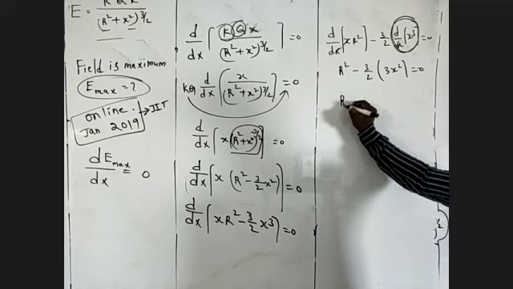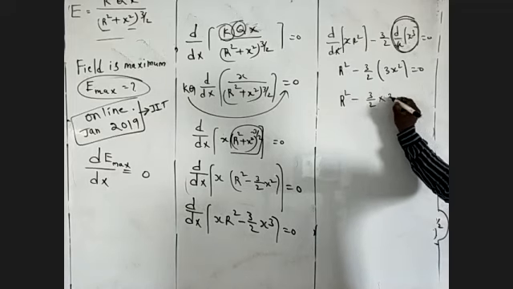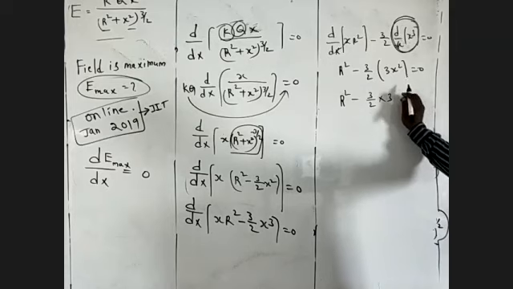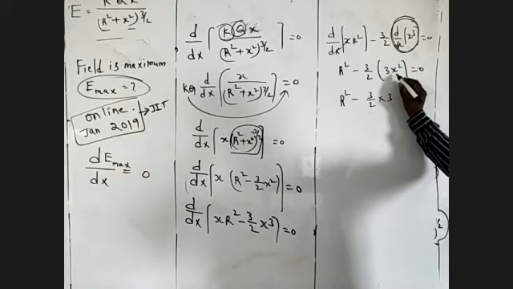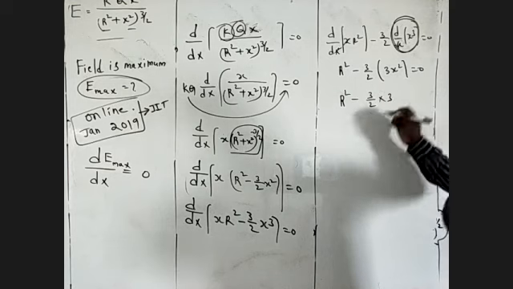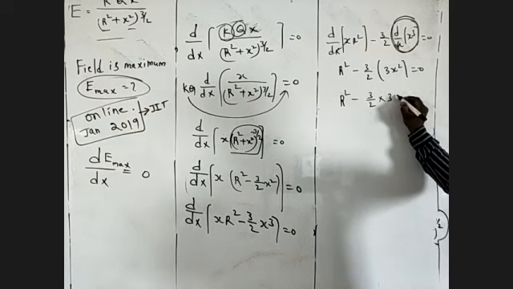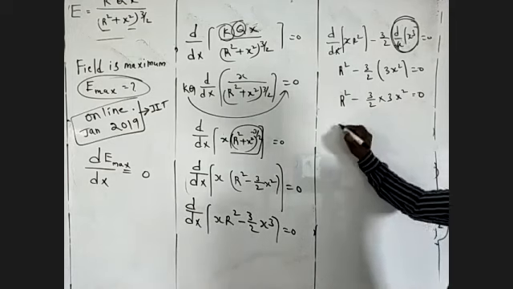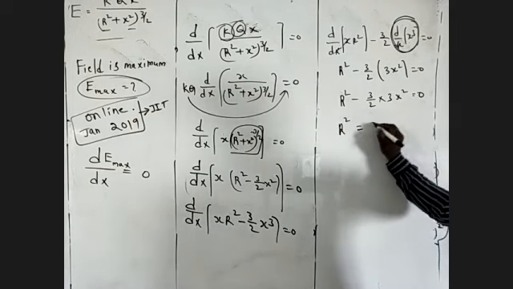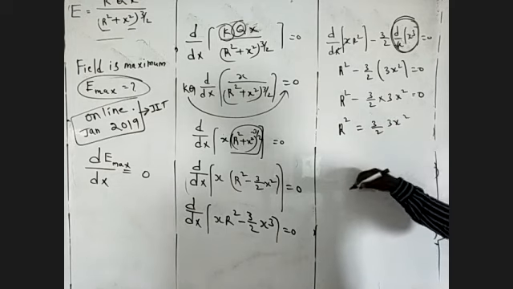You will see r square minus 3 by 2 into 3x square is equal to 0. Now take r square to this side, 3 by 2, 3x square.